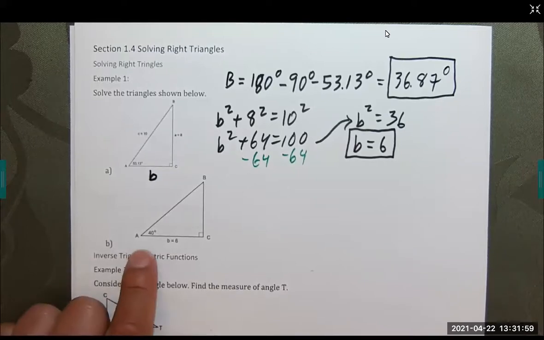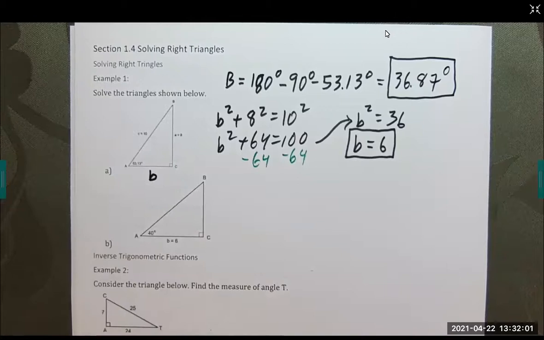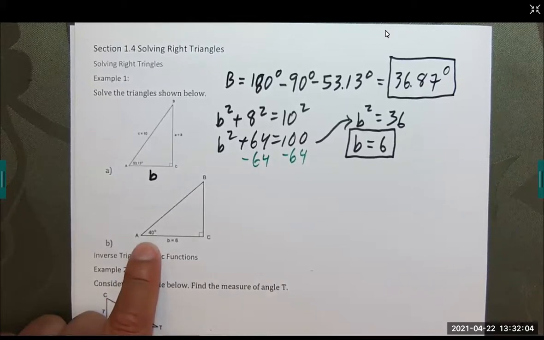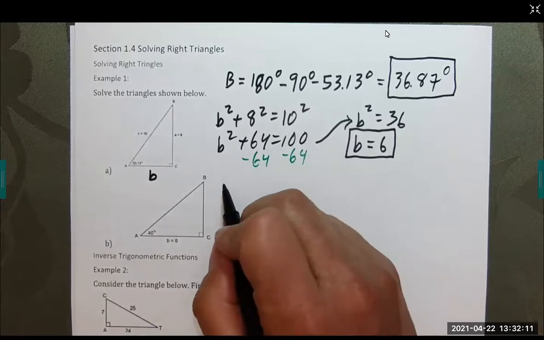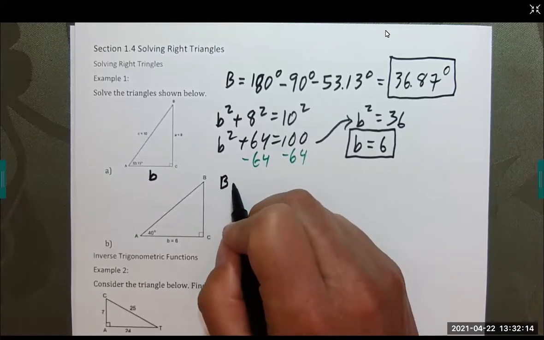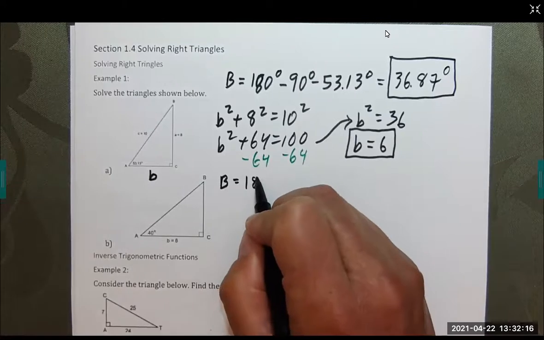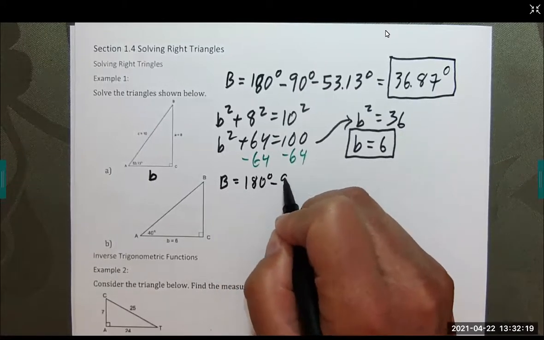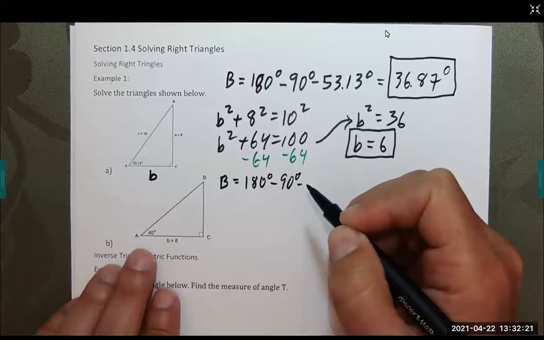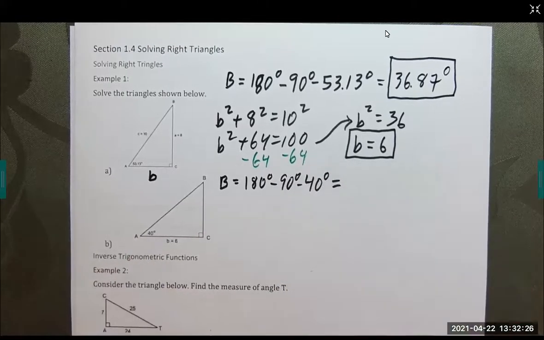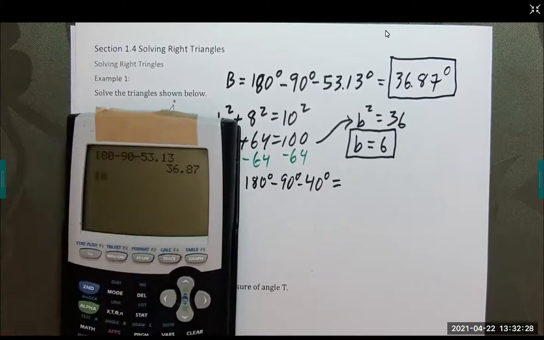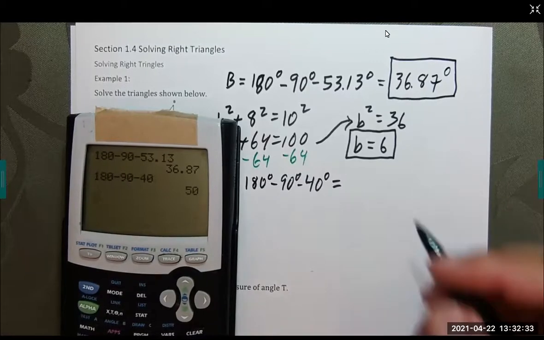For part B here, we have another triangle. We have a known angle of 40 degrees, and we have a side of length 6. So let's go ahead and get angle B again, using the little trick I showed you before. 180 degrees minus 90 degrees, minus in this case 40 degrees, is going to equal 50 degrees.